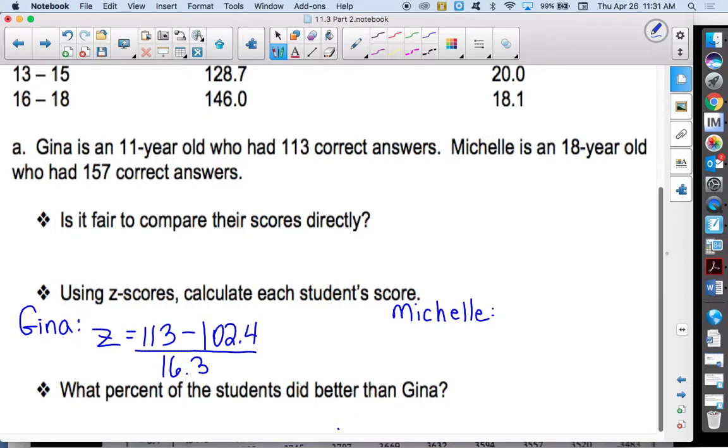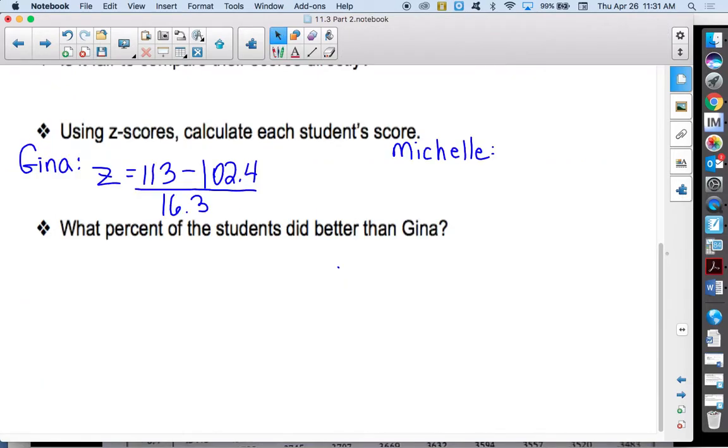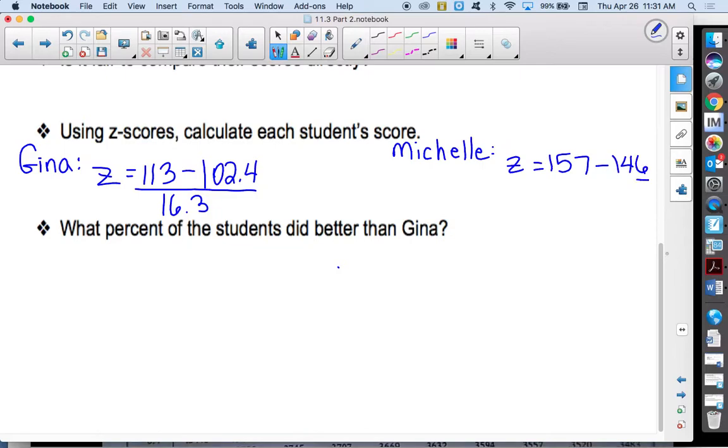All right, so before we calculate Gina's, let's just fill in the numbers for Michelle as well. So Michelle had a score of 157. For Michelle's age group, what was the average, the mean? 146. And then we're dividing that by the standard deviation of 18.1.